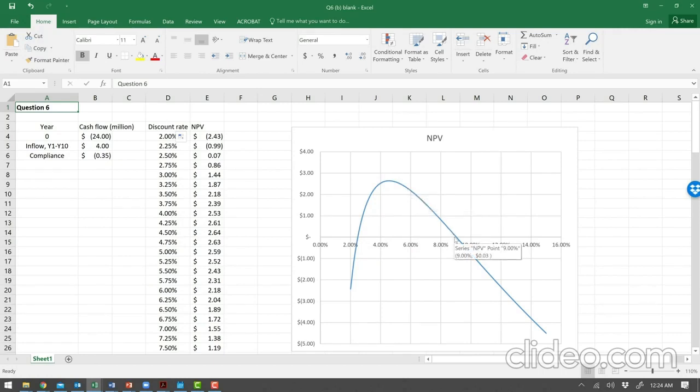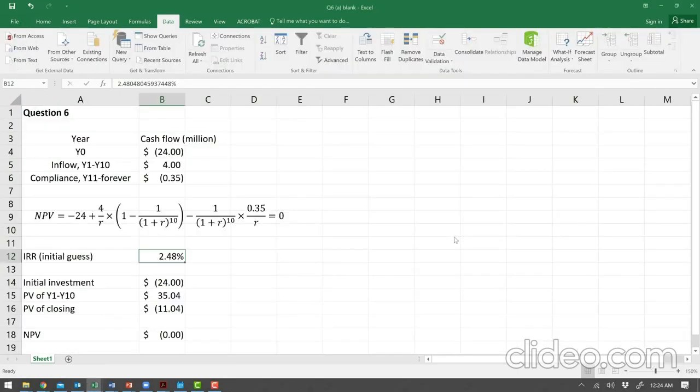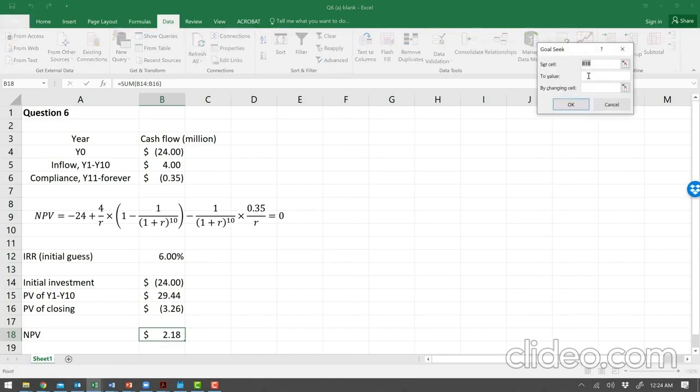To confirm this, let's go back to the other spreadsheet and use goal-seek tool with a starting point of 6%. So in this initial guess cell, I will put 6%, and I will go back to goal-seek tool, and I will ask it to set the net present value of this project to 0 by changing the discount rate cell.